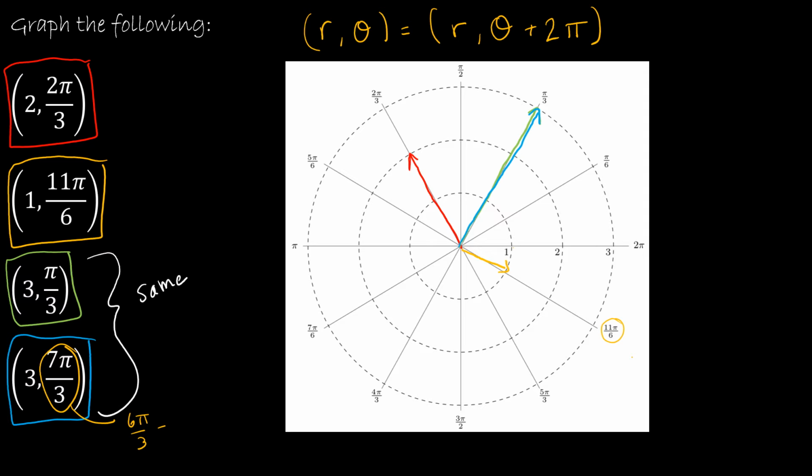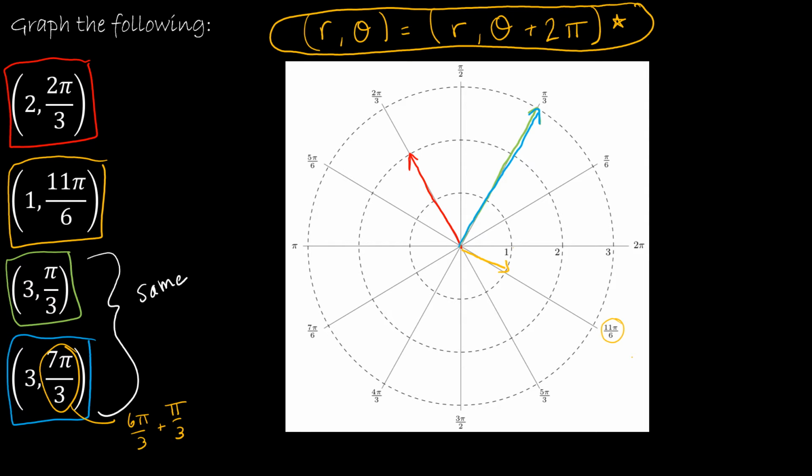I added that to pi over 3 to get 7 pi over 3. So I used this without telling you just to show you that those things would be the same. This is one of the things that you'll need to understand about polar coordinates, is that we can always add 2 pi, keeping the same radius, and have the exact same point.